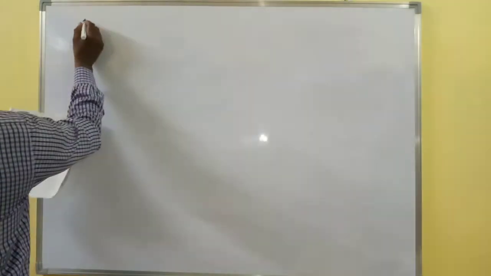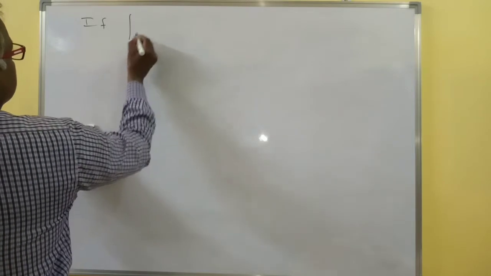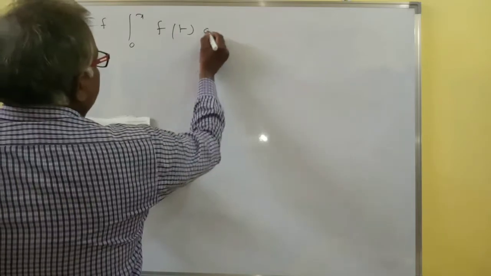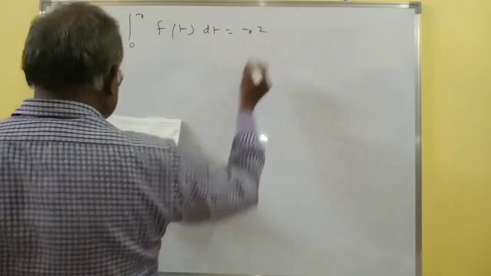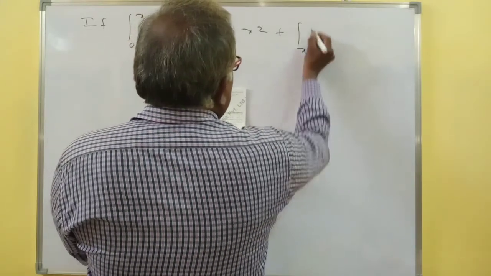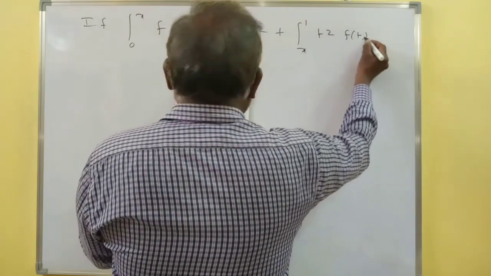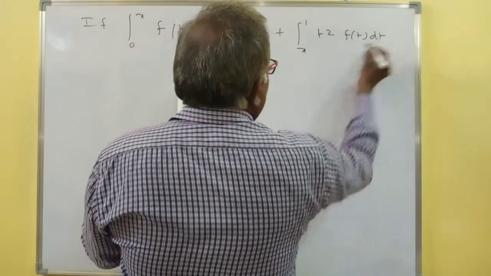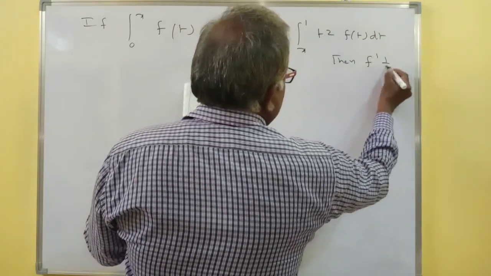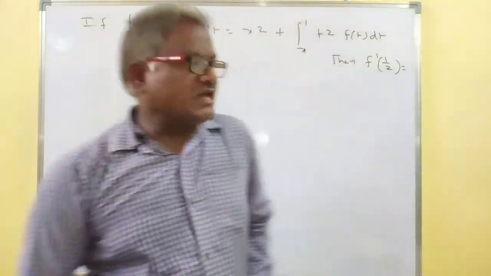If the integral from 0 to x of f of t dt is equal to x square plus the integral from x to 1 of t square into f of t dt, then f dash 1 by 2 is?